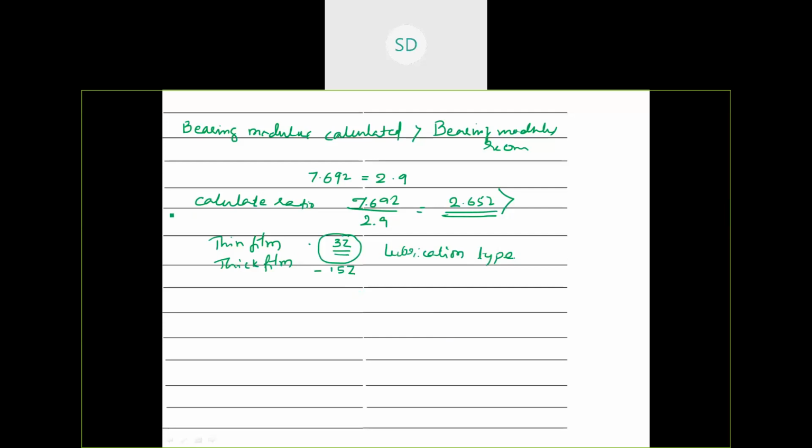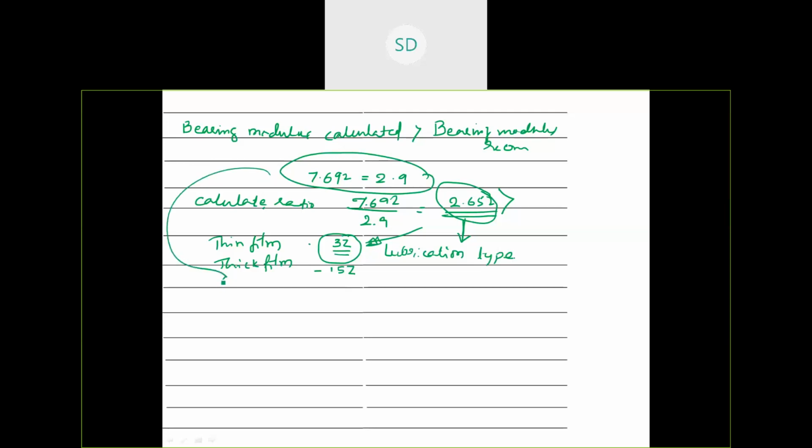Now in some books they have gone for direct comparison with only these values. Actually, if you want to obtain what type of lubrication is going to form, then you need to go for comparison of this one.